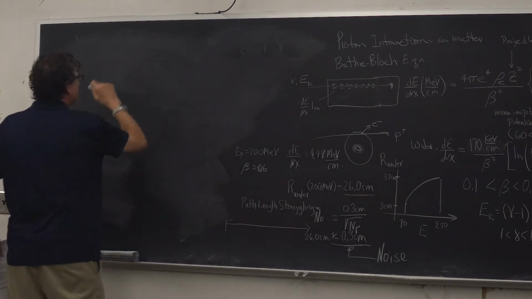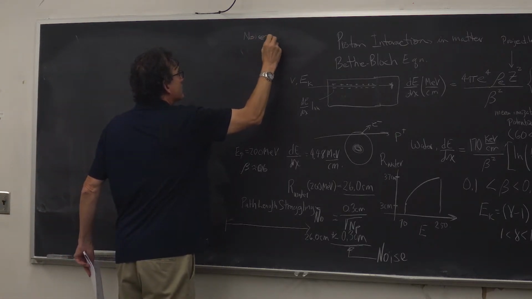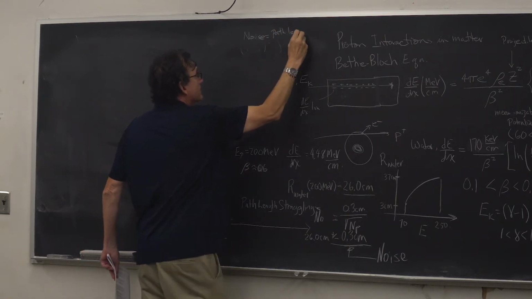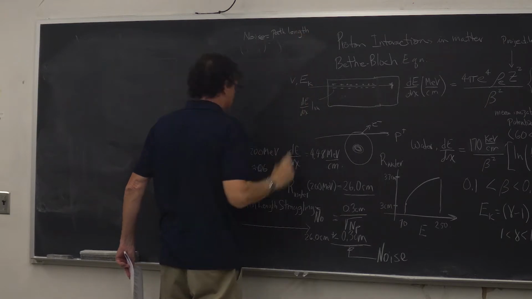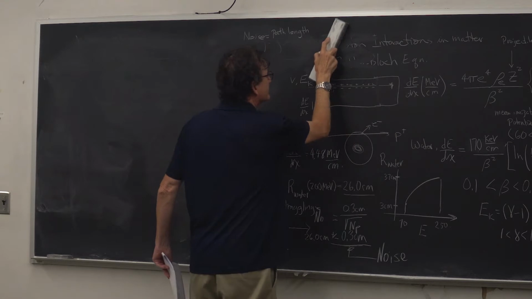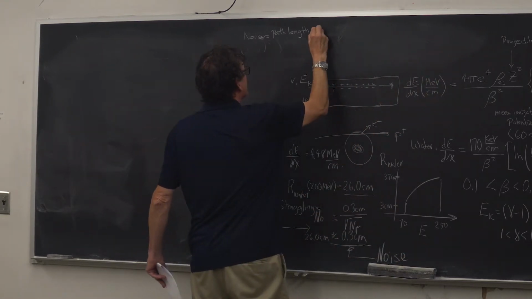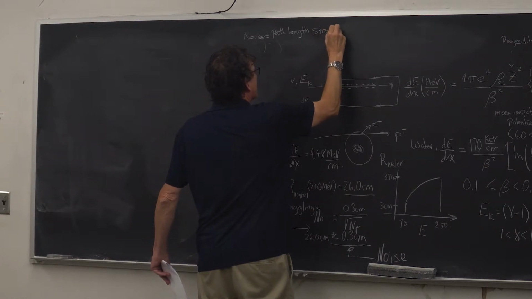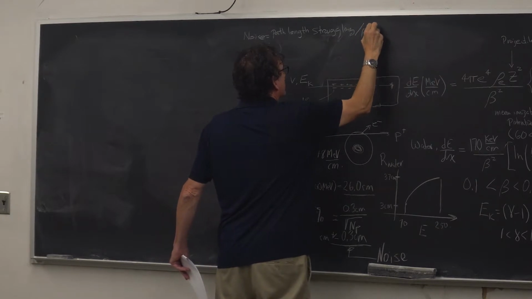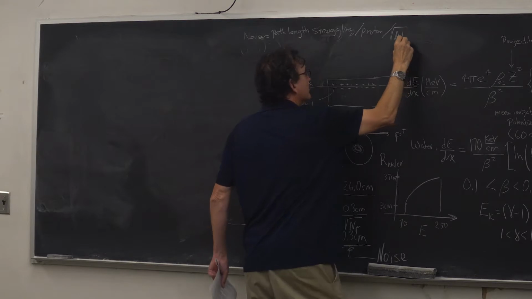So we can write that the noise is equal to the path length straggling per proton divided by the square root of the number of protons that are measured in our sample.